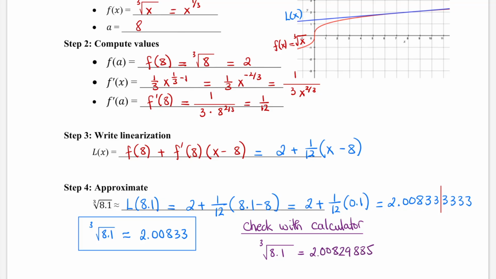And if I round this to 5 decimal places, I get 2.00830. So the approximation is 2.00833. The actual value from the calculator is 2.00830. They are extremely close. So this method works really well when we stay close to the point.